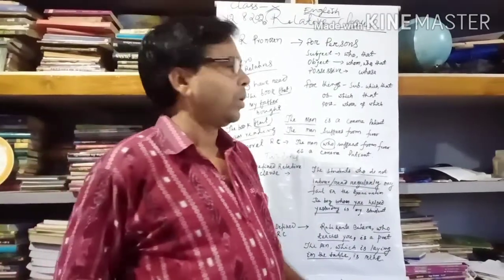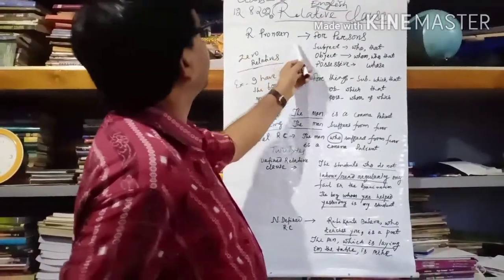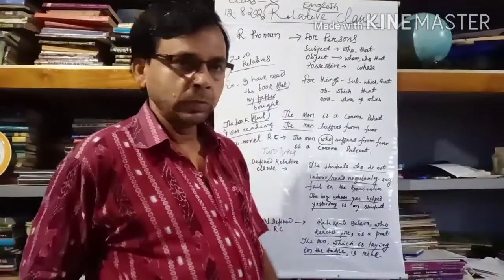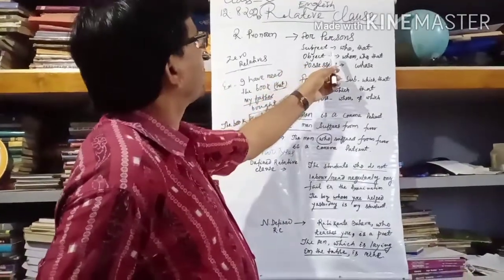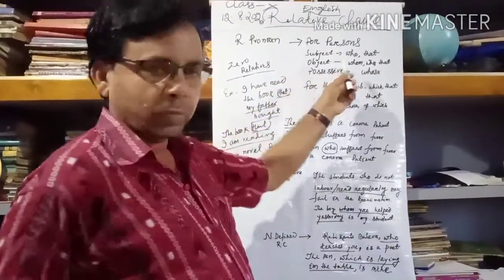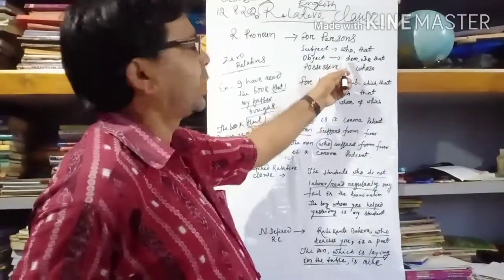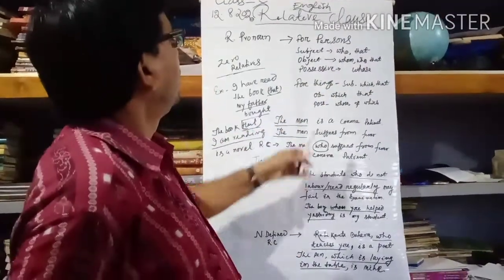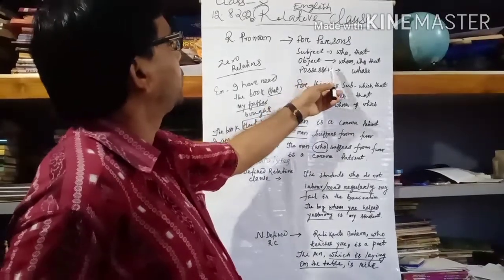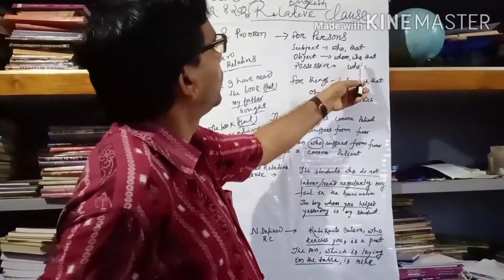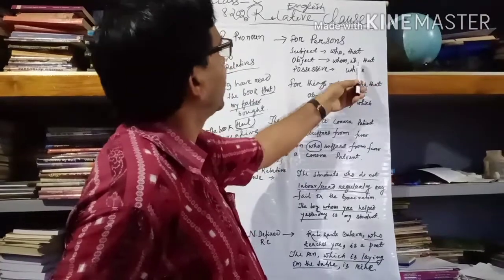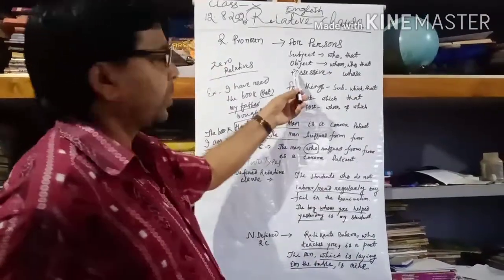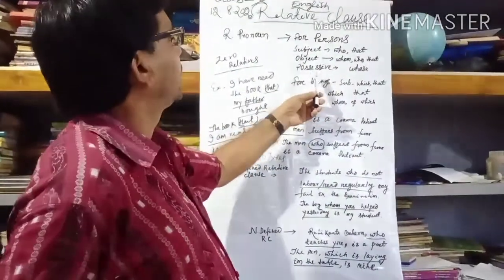The relative clause starts with a relative pronoun, and for persons, in case of subject, we may use the relative pronouns who and that. For object, we may use whom, that and who, and for possessive case we may use whose.